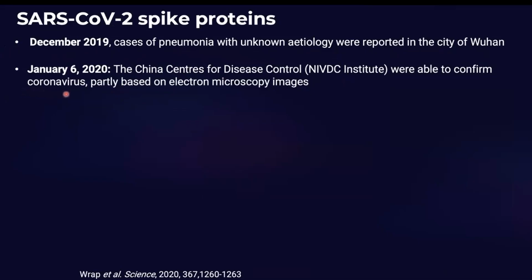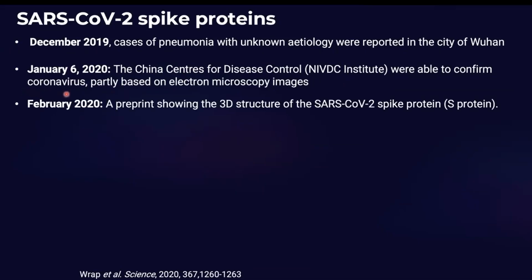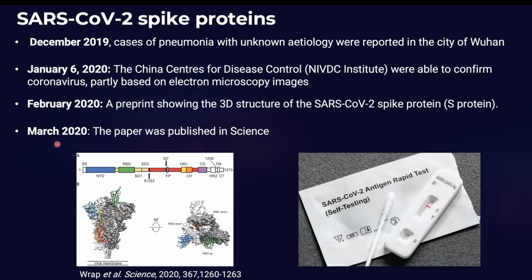In February 2020, a preprint showing the 3D structure of the SARS-CoV-2 spike protein, which is the same used for the mRNA vaccine, was reported. And then in March 2020, the paper was published in Science. Within just 2 to 3 months, the structure was solved, unlike the Zika case, which took 2 to 3 years. That is the real revolution in microscopy.